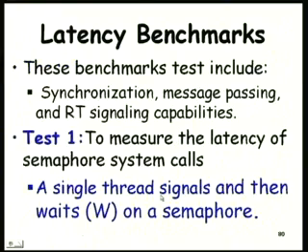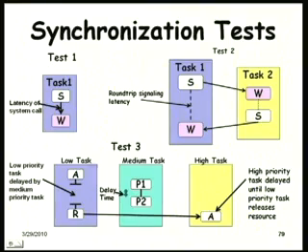So, basically, if you see here, a single process makes a system call and the semaphore is not available, it just waits for it, and naturally it will undergo a context switch. So, how much time does it take for the context switch to occur?